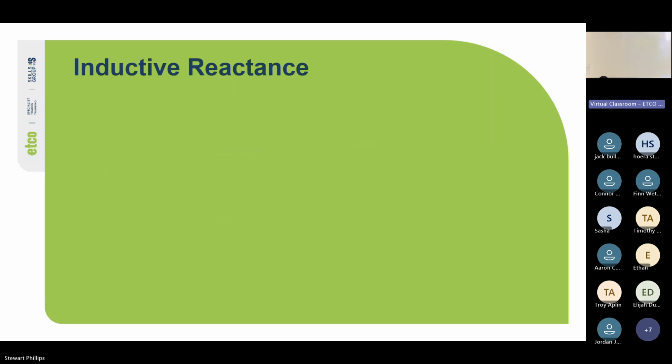Cool. So now we'll figure it out using impedance.